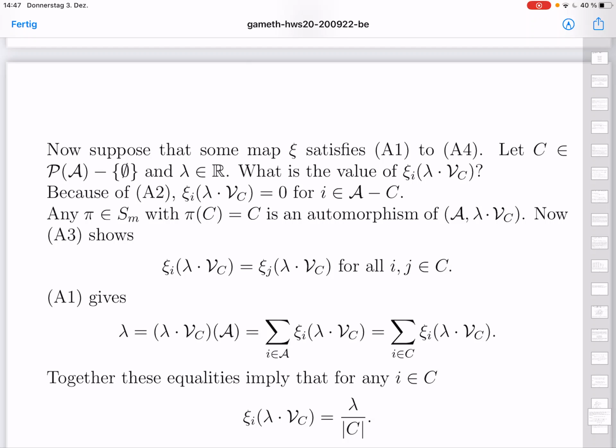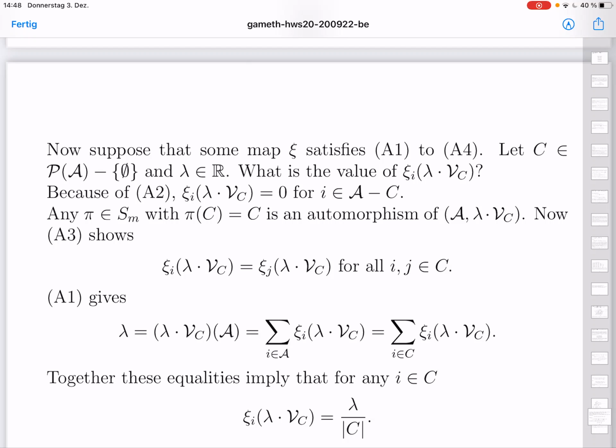If i is in the complement of C, then i is a dummy player of the collision valuation Vc and also of the collision valuation lambda times Vc, by lemma 625B and 625C.